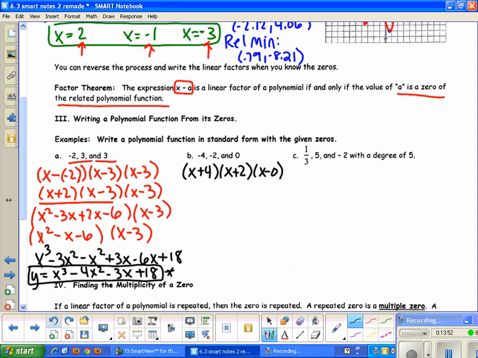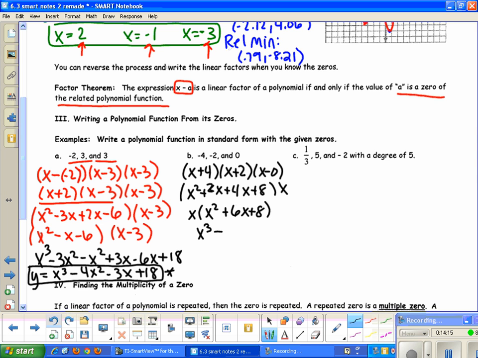So then I need to FOIL this out. So when I FOIL it, I get x squared plus 2x plus 4x plus 8 all times x. So this gives me, I'm going to write the x in front, x times x squared plus 6x plus 8. And then I just have to distribute.